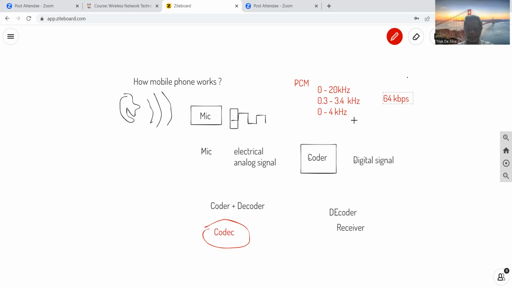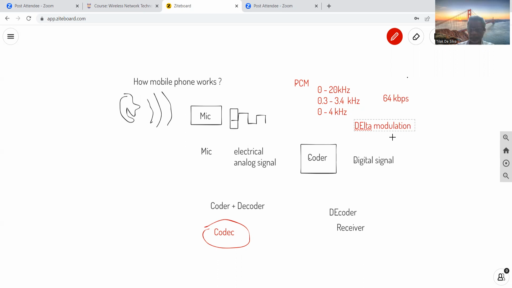But there are some other methods to convert analog signal to digital signal. Another method is called delta modulation. It converts the voice signal to digital signal at a rate of 32 kilobit per second.